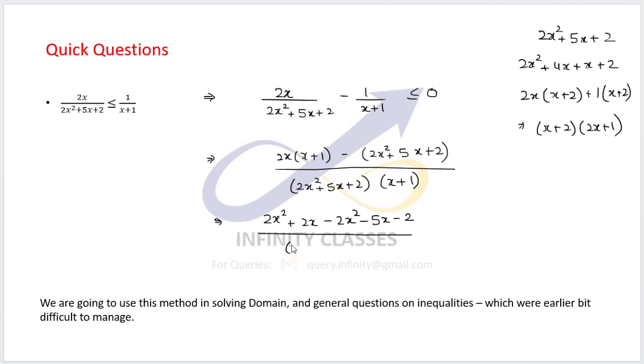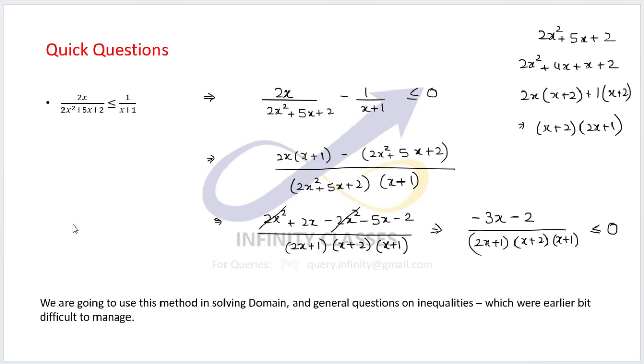That is coming out to be 2x plus 1 into x plus 2, and x plus 1 is copied. 2x square and 2x square fortunately get cancelled. This comes out to be equal to minus 3x minus 2, whole divided by 2x plus 1 into x plus 2 into x plus 1, less than or equal to 0.